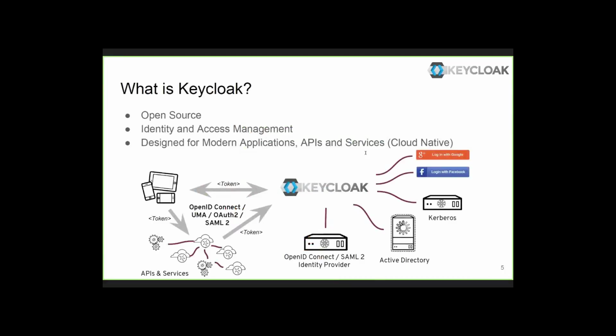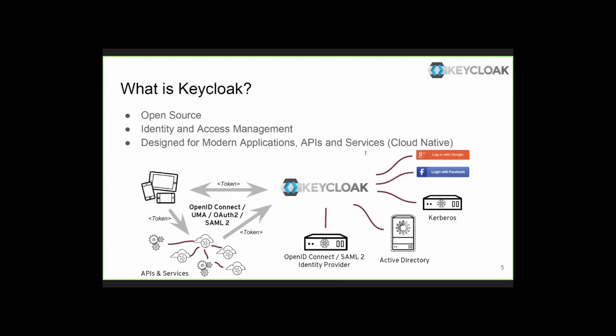Now, what is KeyCloak? KeyCloak, first of all, is an open source project. It is an identity and access management solution. And it is a solution designed for modern applications, APIs, and services, so cloud native mainly. And at a very high level, you connect your application with KeyCloak using some common standards like OpenID Connect or UMA, which are both OAuth2 based, or SAML2.